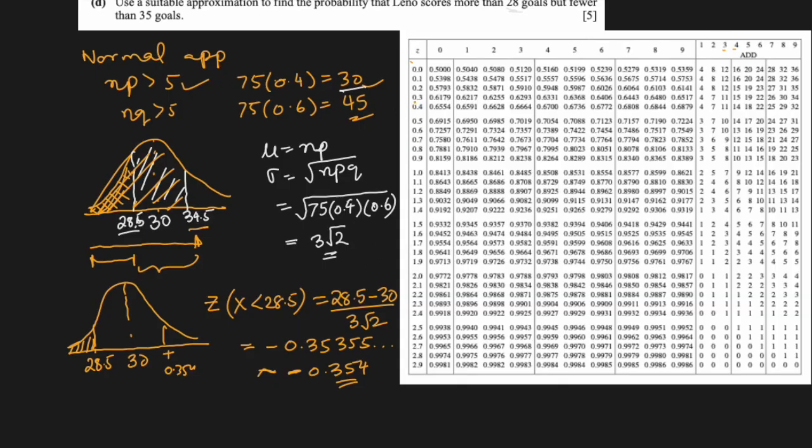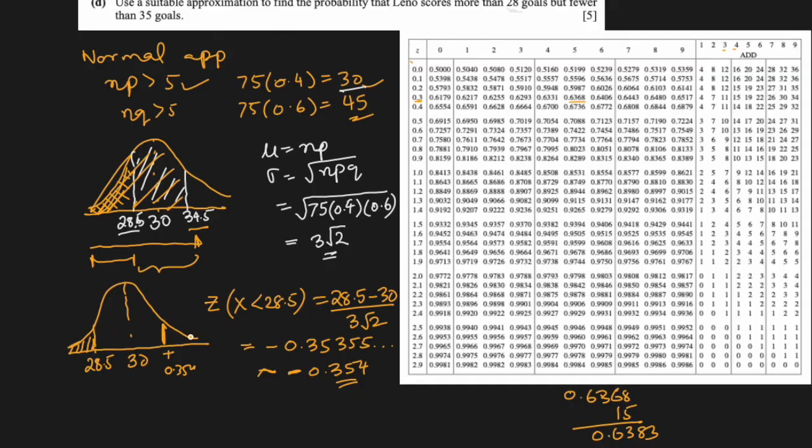I'll look for it here. 0.3 is here, 5, 0.6368. And then we have 4. So 4 is 15. So 15 will add to the last two digits and it becomes 0.6383. This is the probability of less than this one.